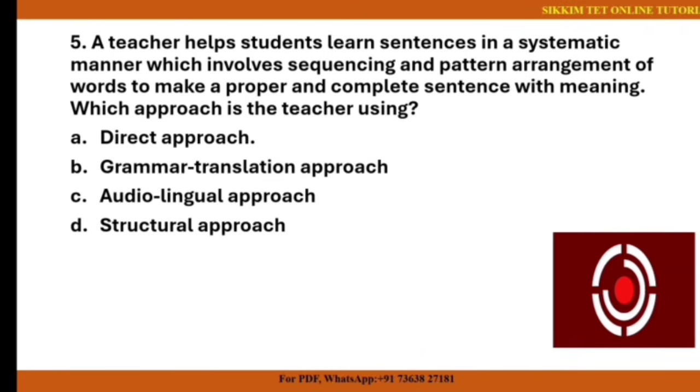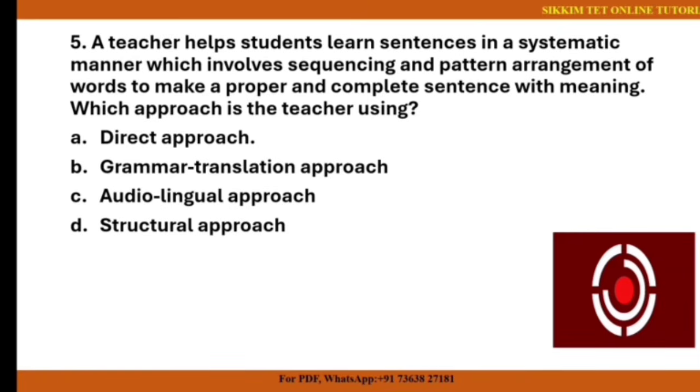Now we'll try to solve this question without using the options. So let us give a try and see how it goes. In the first option we have direct approach. अब direct approach भनेको चाहिँ के हो भन्दाखेरि चाहिँ it emphasizes speaking and listening, not the structured engagement of sentence. So हामी यो अप्सनलाई एमिट गर्दियौँ. अब सेकेन्ड अप्सनमा we have grammar translation approach.